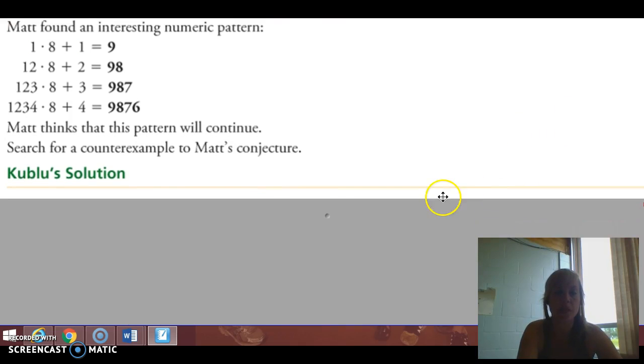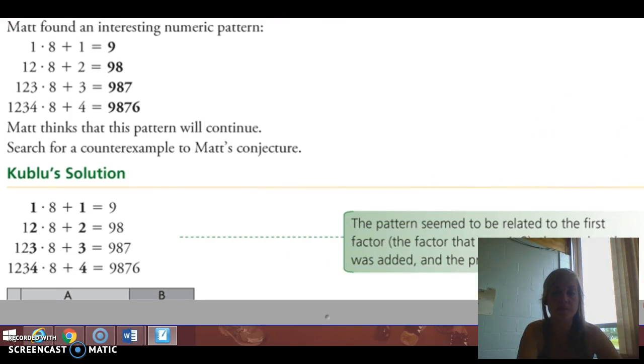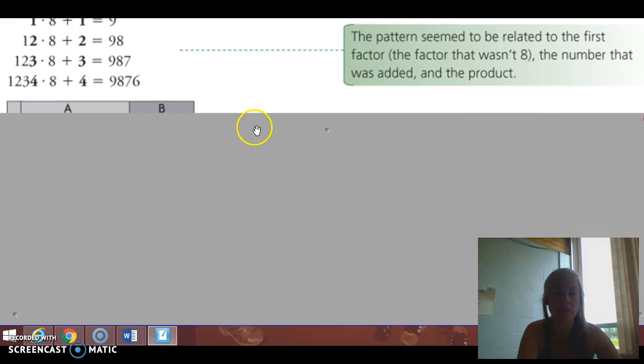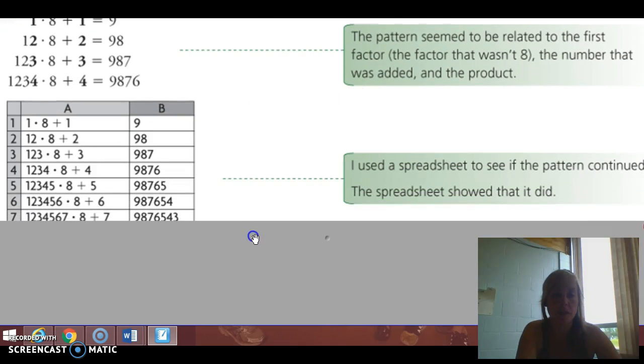So if we kept following the number pattern and continued it down, it's still good. 123456 times 8 plus 6 is 987654.